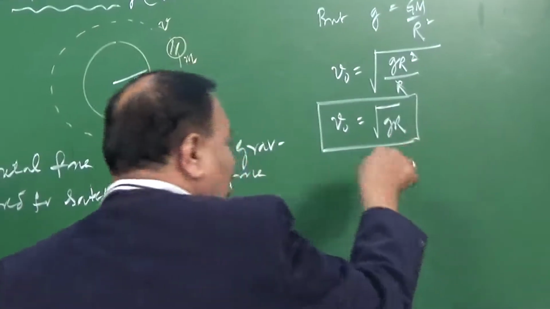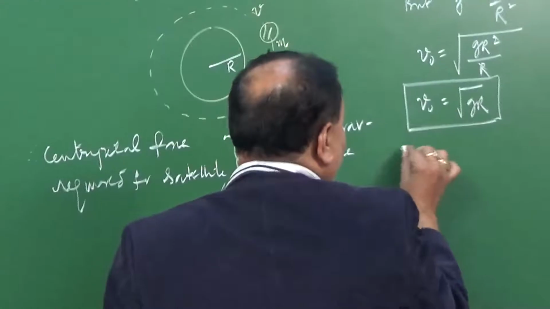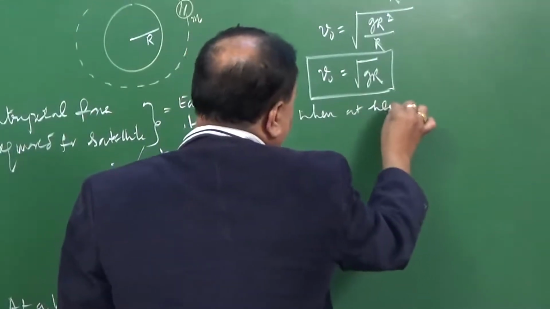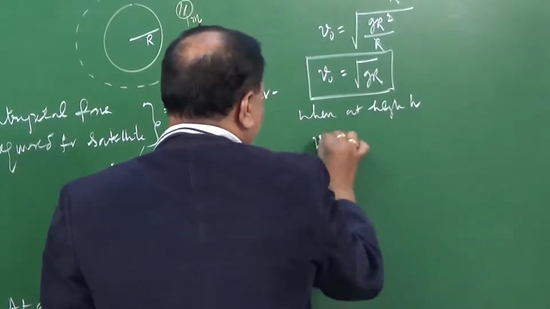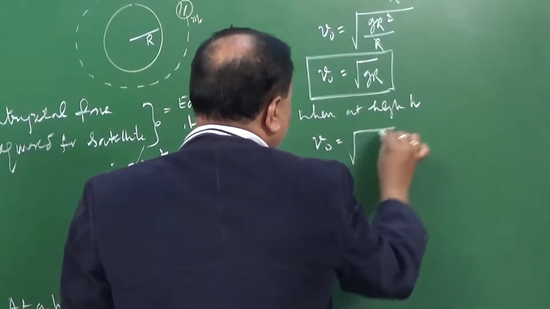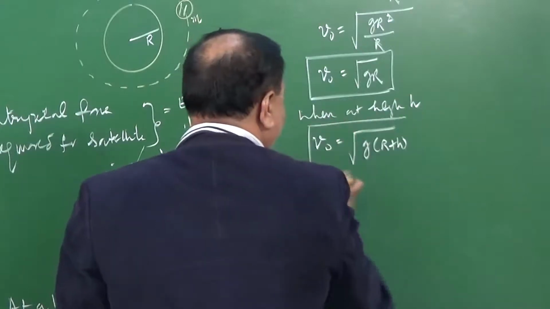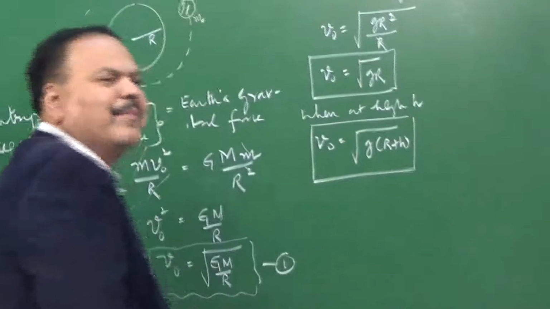When it is very close to Earth, and when it is at a height h, your v0 is equal to square root of g into what you should write? R plus h. Remember, it's very important.